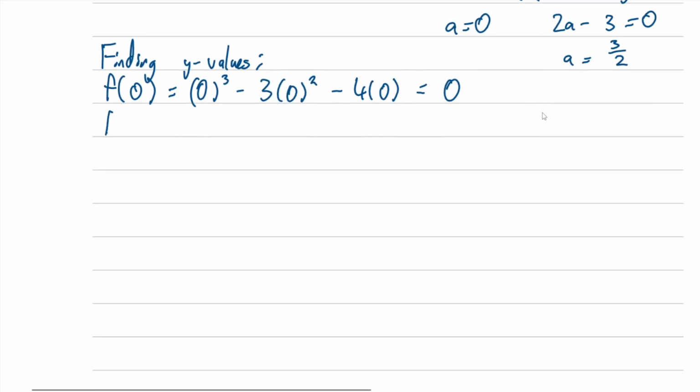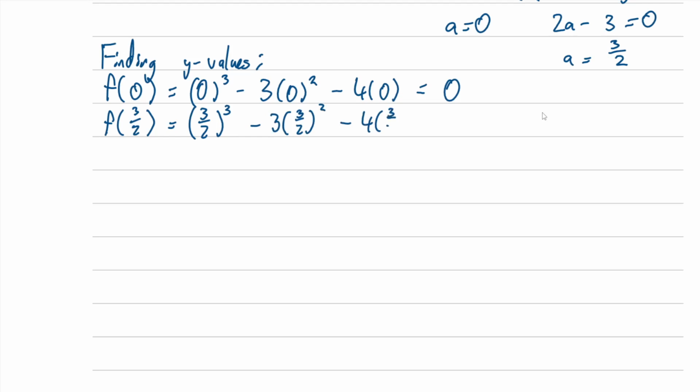And then when x is 3 over 2, we have 3 over 2 cubed minus 3 times 3 over 2 squared minus 4 times 3 over 2. If you put that in on your calculator, we get negative 9.375.